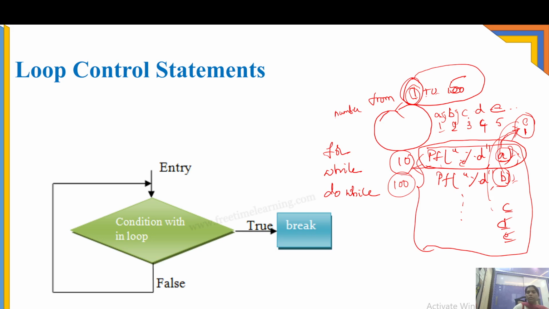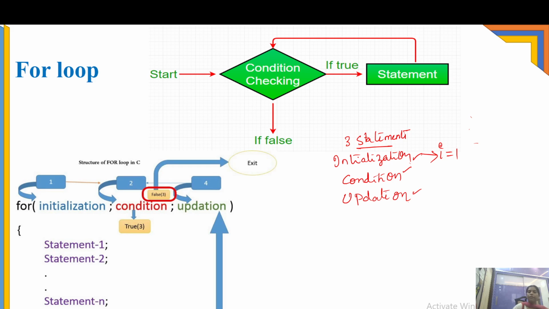Condition. From 1 to 5 we should repeat, right? 1, 2, 3, 4, 5. So 1 is less than or equals to 5, 2 is less than or equals to 5, 3 is less than or equals to 5. So I is less than or equals to 5. Next, updation.